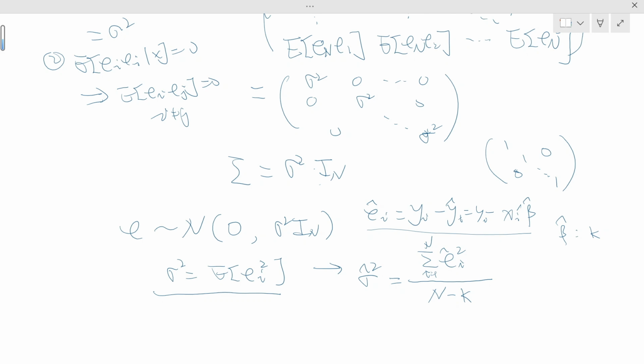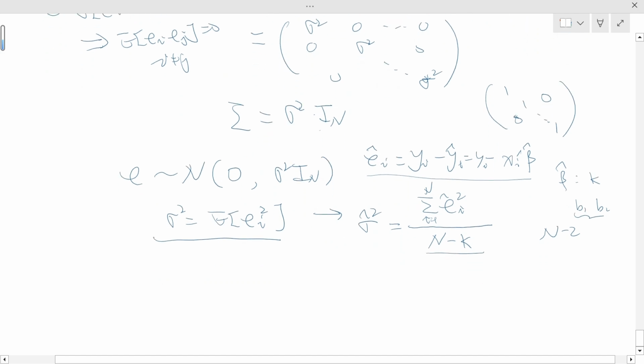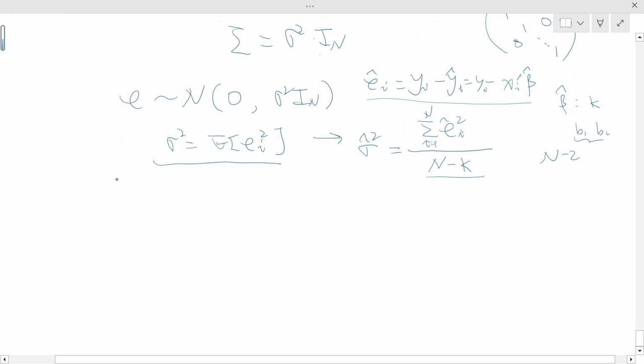And if you still remember, in the simple regression model, we divide by n minus 2 because there we only have 2 parameters, b1 and b2. Now we have k parameters, so we divide by n minus k. So this is the estimator for sigma squared, the variance of the random error. Okay, let's look at finite sample properties.